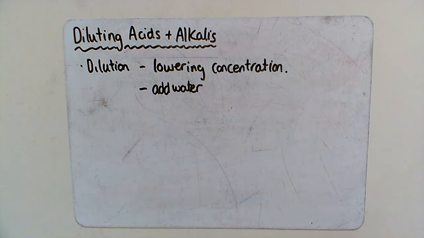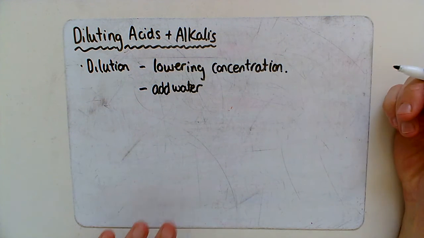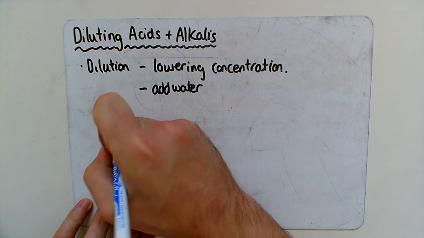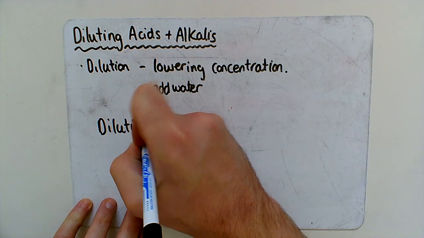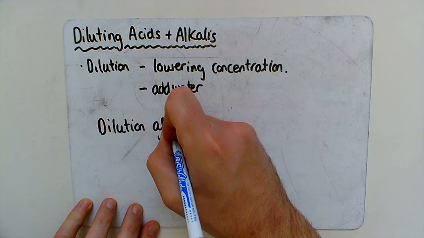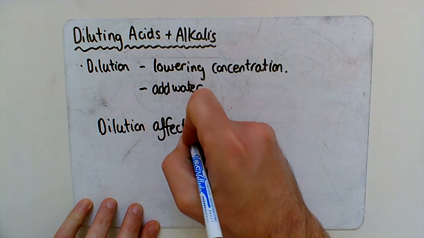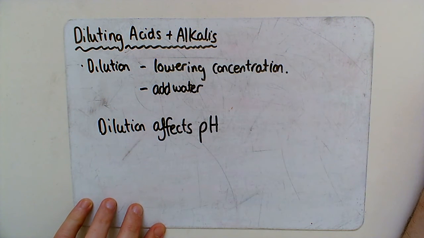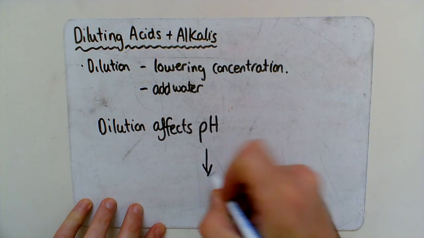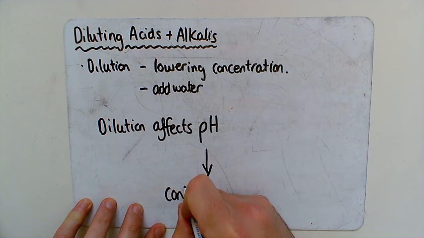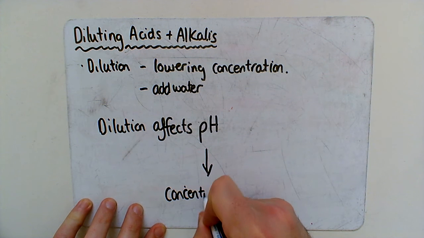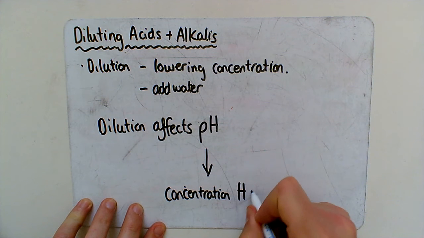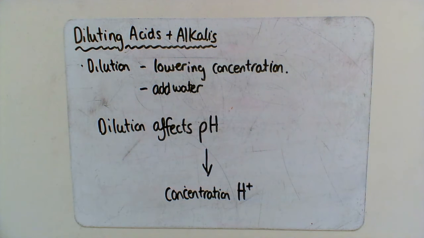And this is something that has an effect on acids and alkali because it affects pH. So dilution affects pH. Now the reason for this is pH is related to the concentration of hydrogen ions, H plus ions.